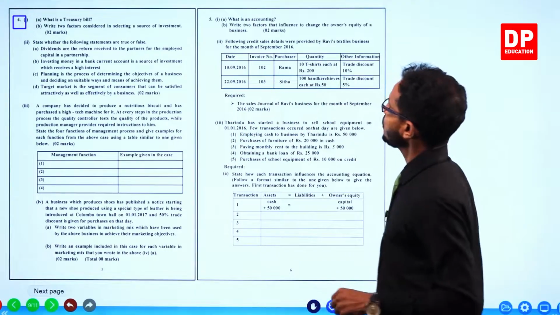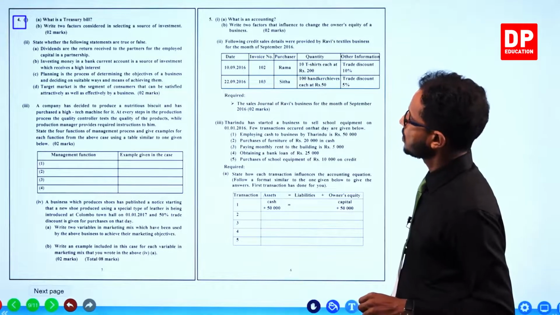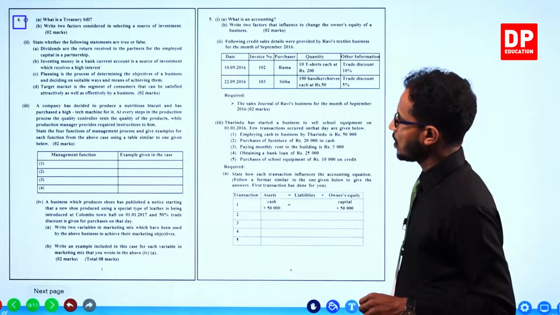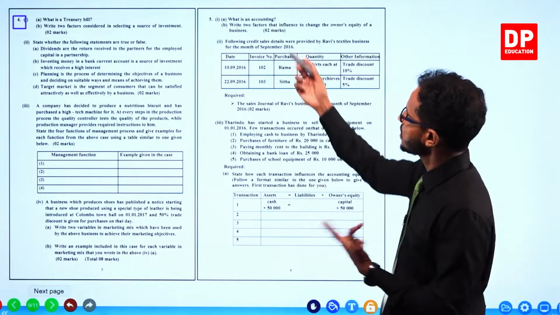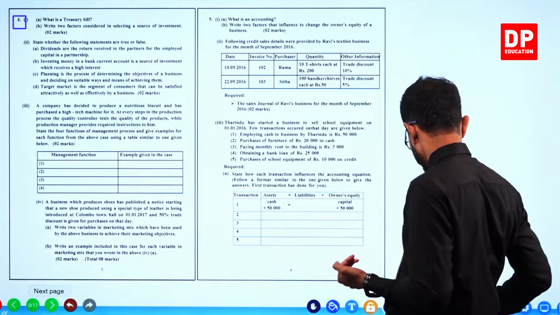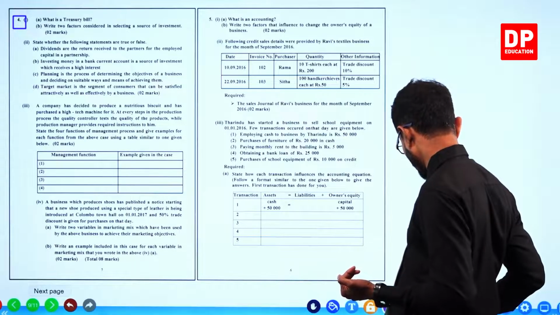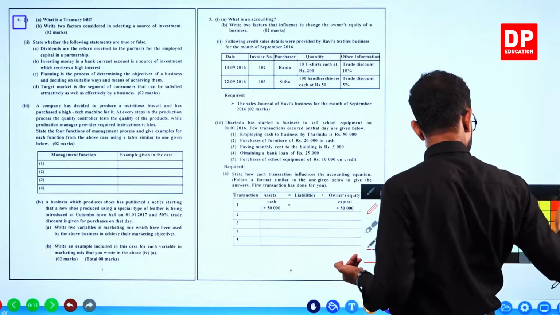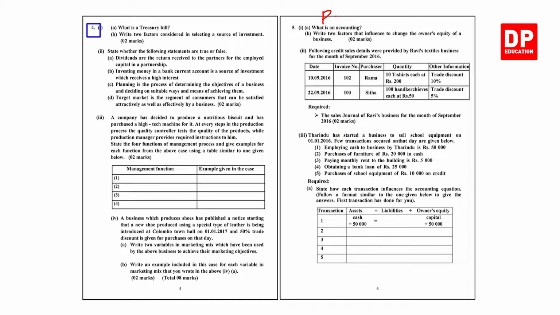Next we have the accounting part. Oh my God. Where is the accounting part? Here is the accounting part. This is part 2, accounting.